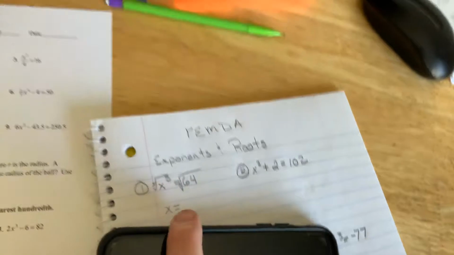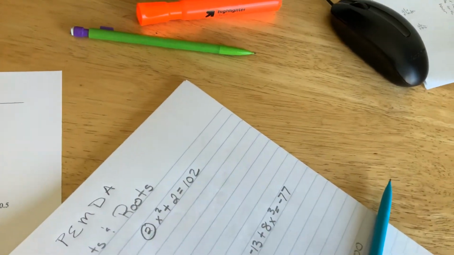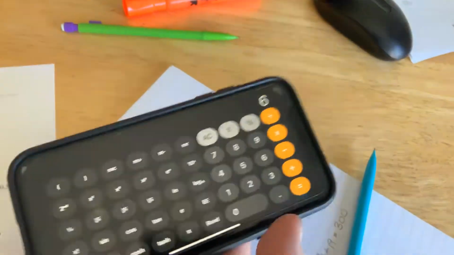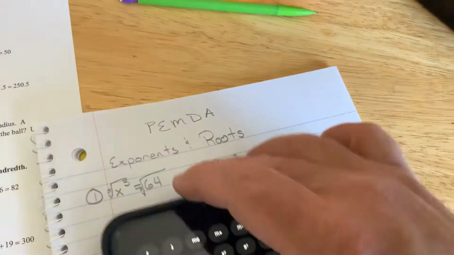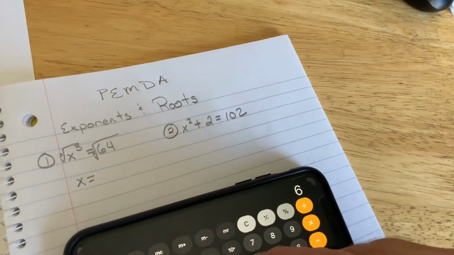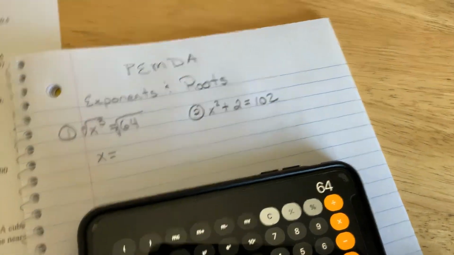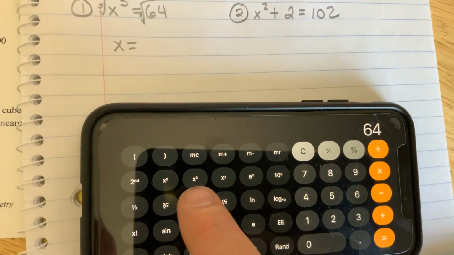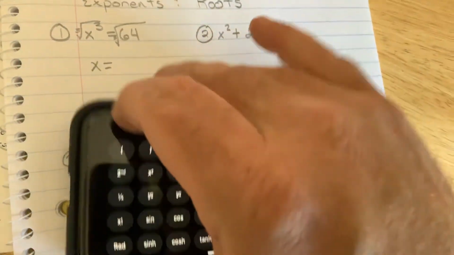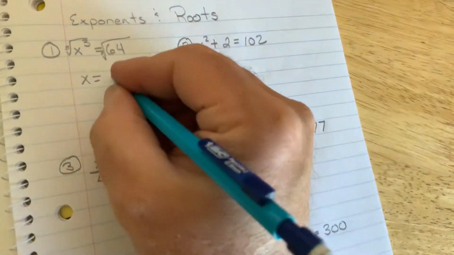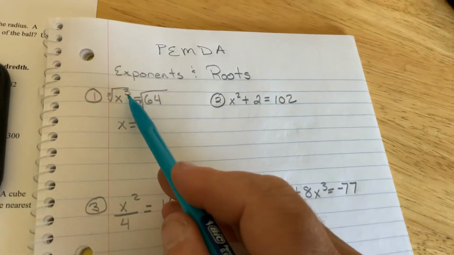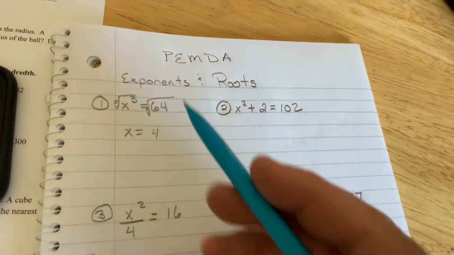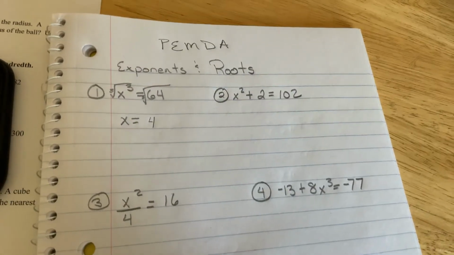So x equals the cube root of 64, and I hit the cube root button and it says 4. Could it be negative 4? This would be an odd number of negatives, so the answer would be negative. So no, it's got to be just the positive 4.